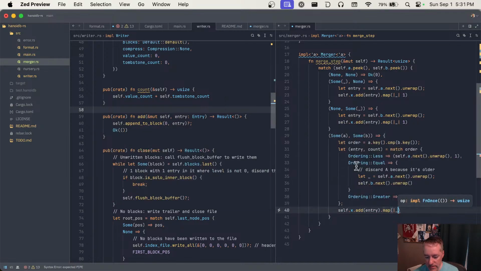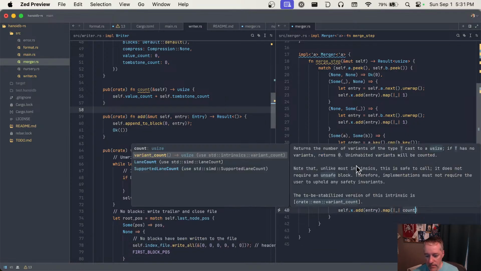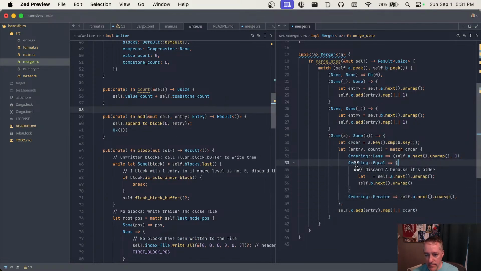We might not want that to be usize. We can decide that later. But here this is 2, right? And here it's 1. Okay, I think that's a good place to stop.